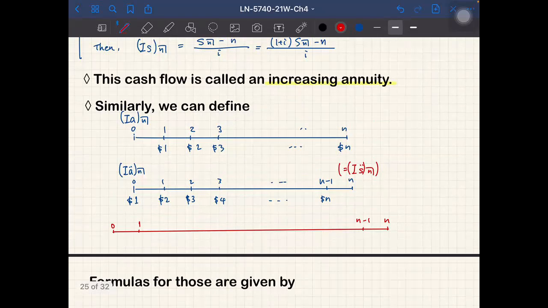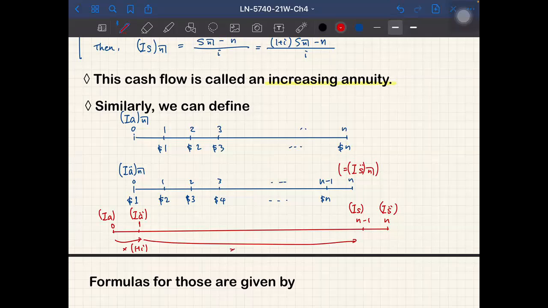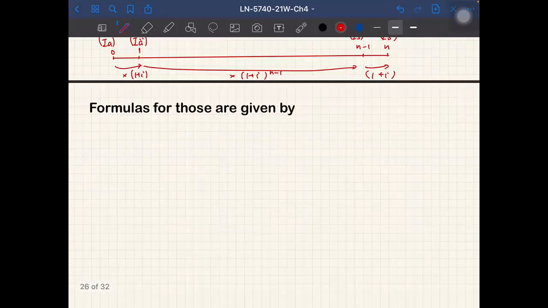So the Ia is here, the Iä is here, the Is is here, and the Is̈ is here. The difference is just (1 plus i) to some power. From 0 to 1, we multiply by 1 plus i, and from here to here, we multiply by (1 plus i) to the power n minus 1. Then again we multiply by 1 plus i. So basically, this gives all the formulas.